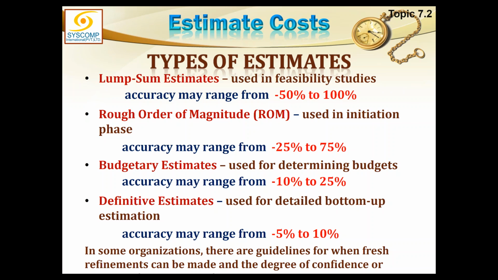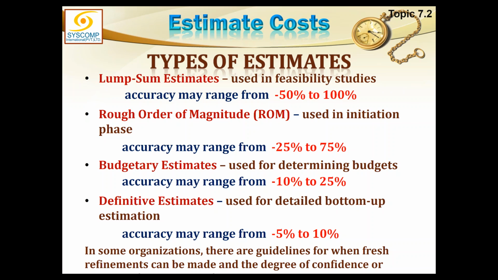He will just say, okay, what is the rate of construction in this area and how much space is to be built. So he will just multiply these two figures and come up with a budgetary estimate, which is fairly good because that is calculated out of the averages of the previous construction. But the accuracy of this kind of estimate is minus 10% to plus 25%. Meaning what? If he says 100,000, it would be between 90,000 and 125,000.